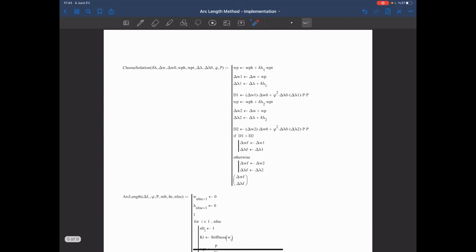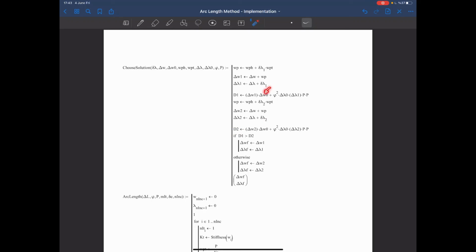Now we discussed which solution to choose. So I'm just sending the incremental lambdas that I calculated with the quadratic solver. WP is equal to delta lambda 1. So this is WP. Delta V1 is delta V plus this value, delta lambda 1. So I'm just calculating D1 for the delta lambda 1. I'm doing the same thing, the dot product, for delta lambda 2.